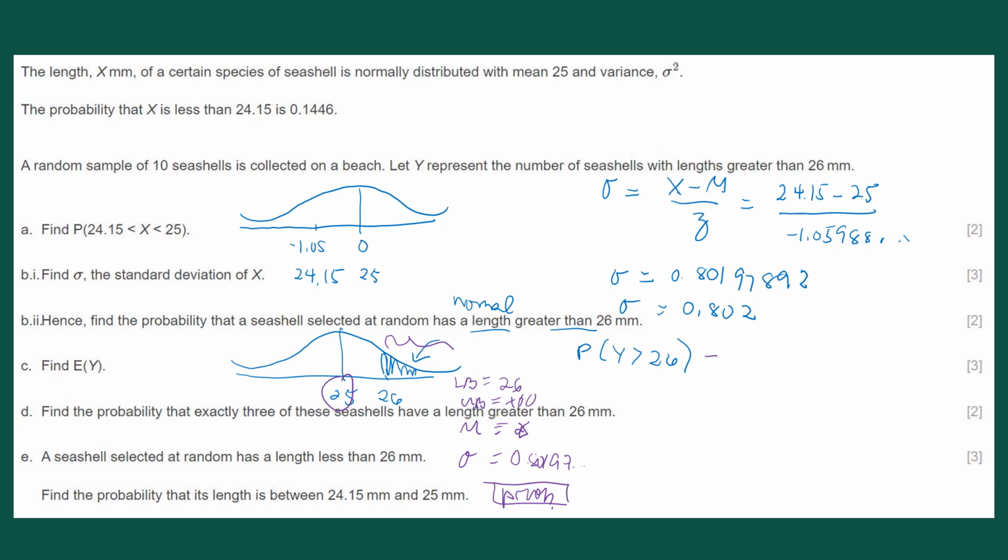And that probability is equal to 0.106214 and more. Let's just round this to three significant digits. It's equal to 0.106.